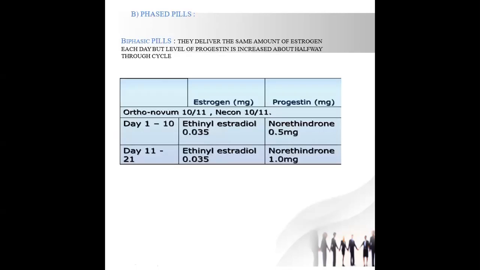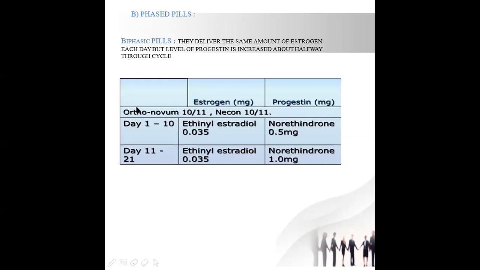Now coming to the biphasic pills. These biphasic pills deliver the same amount of estrogen each day, but the level of progestin is increased about halfway through the cycle.